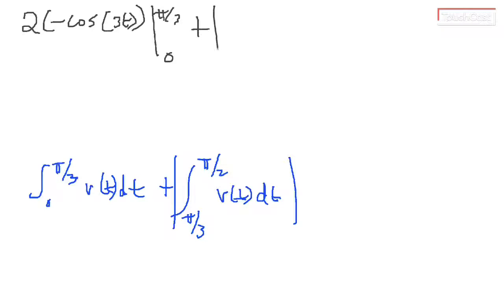I'm going to add the absolute value of whatever I get when I use that same antiderivative, negative cosine of 3t, evaluated from pi over 3 to pi over 2.